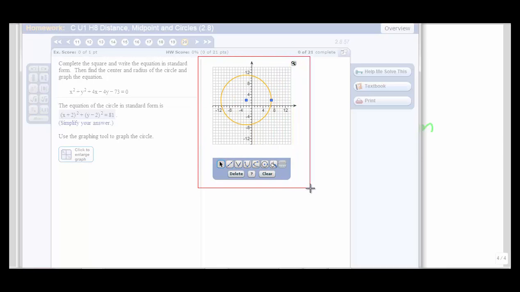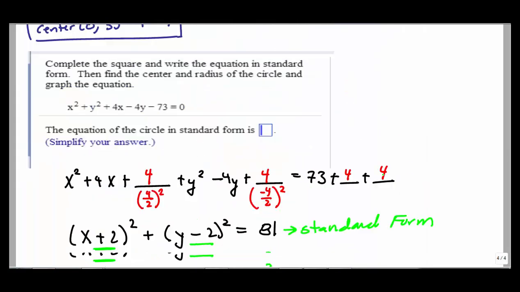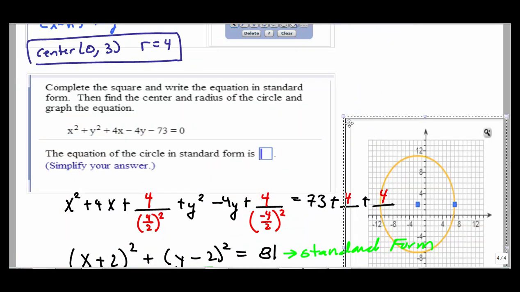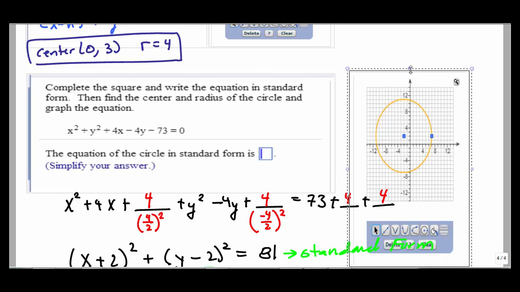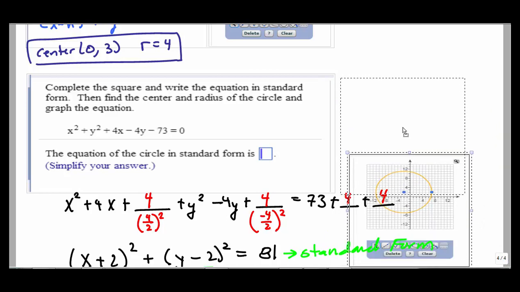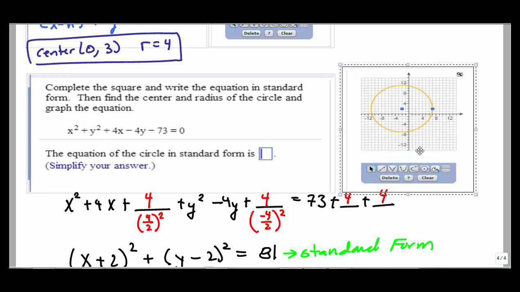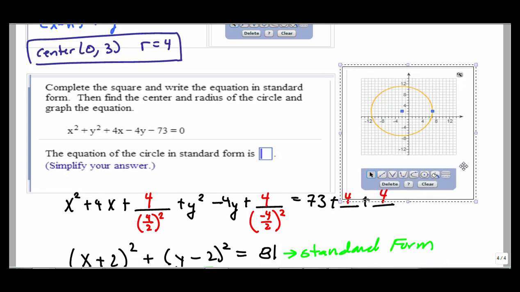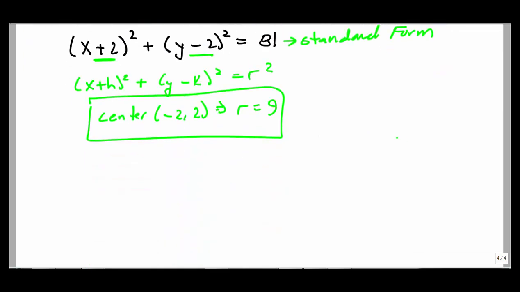Now this one didn't ask for the domain and range, but we can include that just because it would be good information. So there's the graph. And it's just kind of squished looking because of the scale. Doesn't quite look circular.